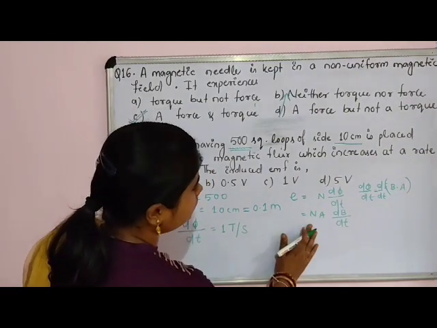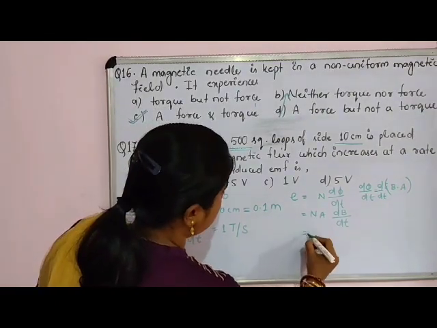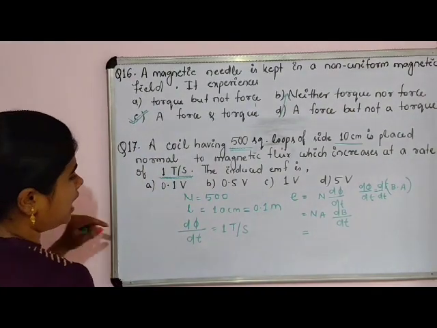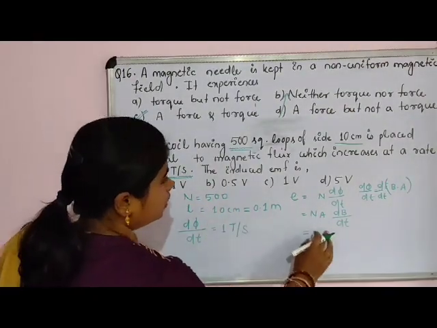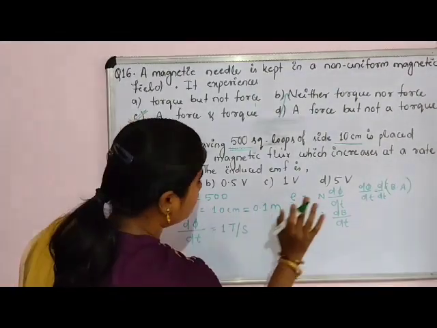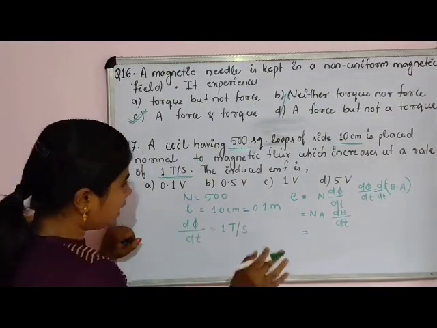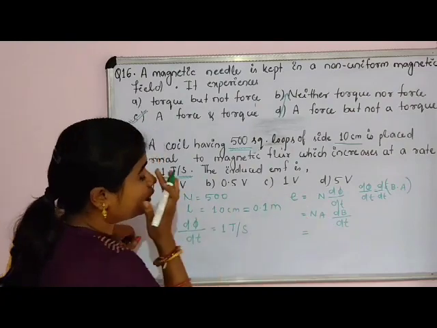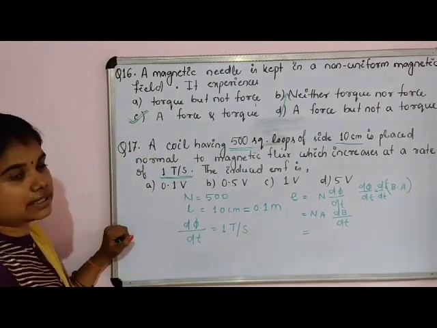Now we have the number of turns and we have d phi by dt. The next part is, we just have to find out the area of the loop we are considering.